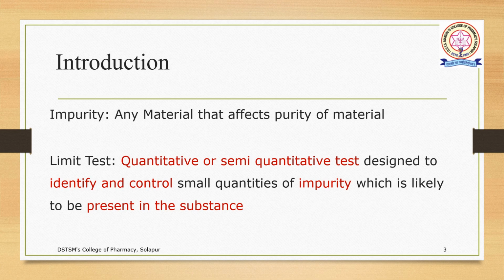Any material may be made from natural sources or synthetic sources. It will contain some other material which will be called an impurity, and this impurity sometimes may be harmful, may not be harmful. 100% purification is a very costly affair, hence 100% purification is not done.